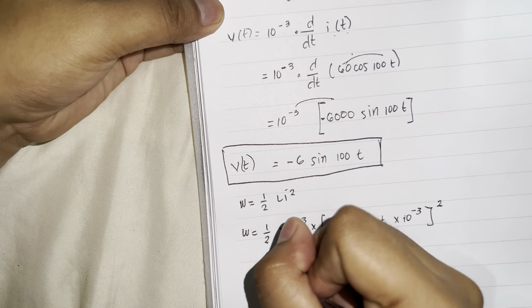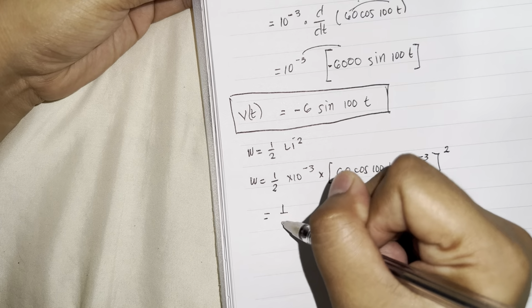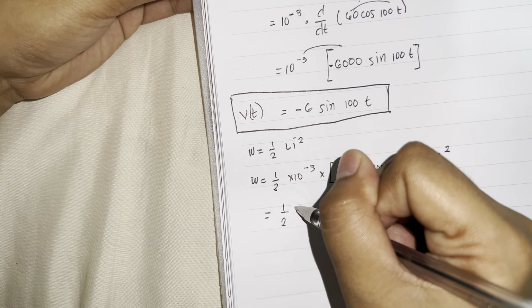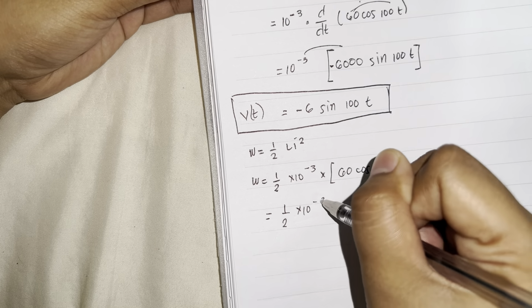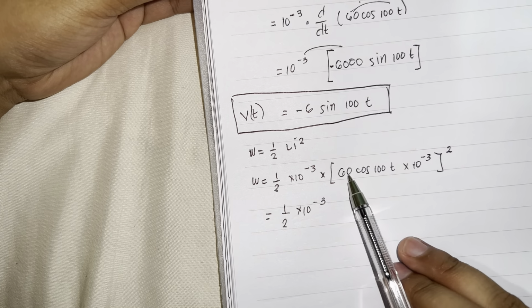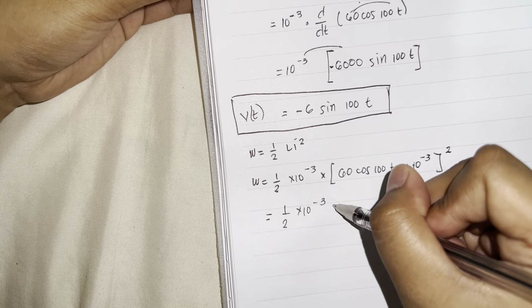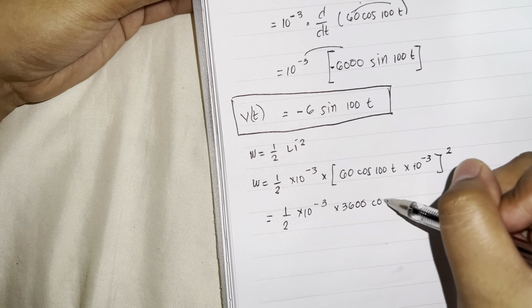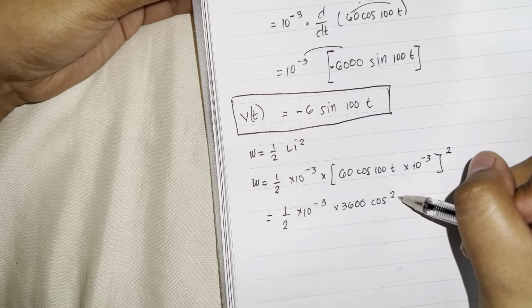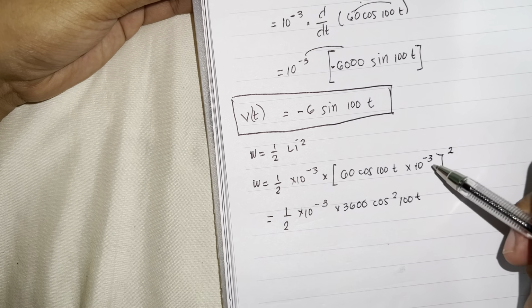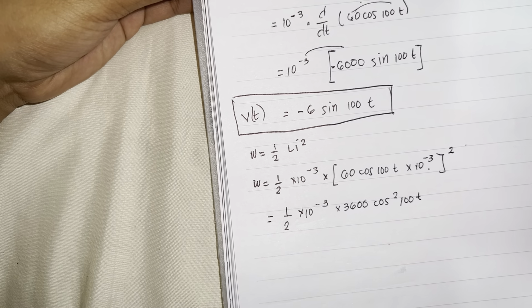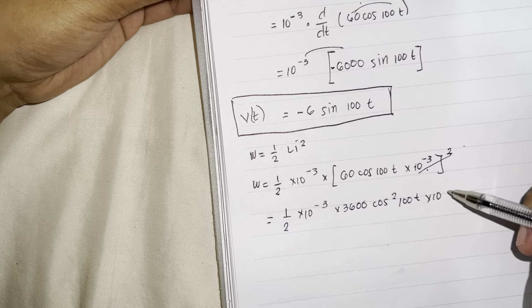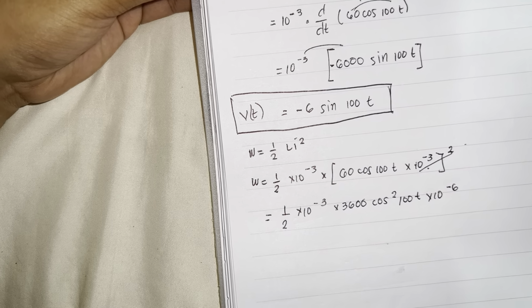So we will get 1/2 times 10 to the negative 3, and 60 squared is 3,600, times cos squared 100t, times 10 to the negative 6.